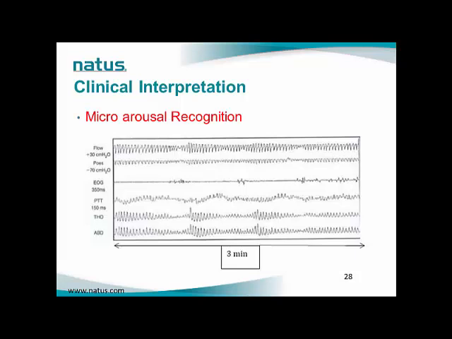However, during REM sleep, variations in sympathetic activity are spontaneously very high, and therefore the PTT baseline is highly variable. Thus, the recognition of true microarousals during REM sleep is a lot less specific than in other sleep stages.